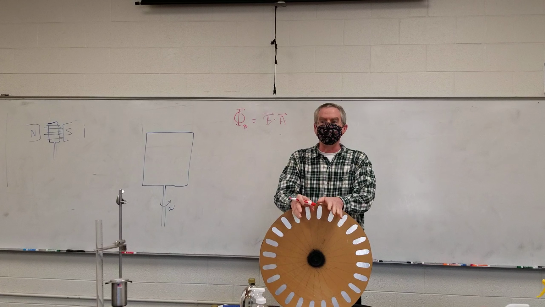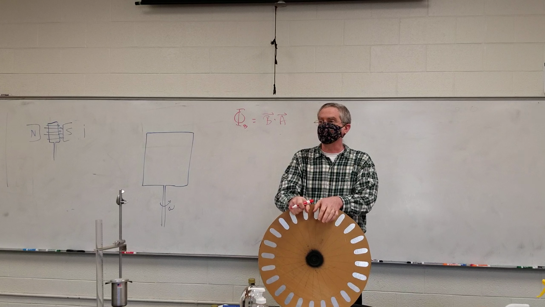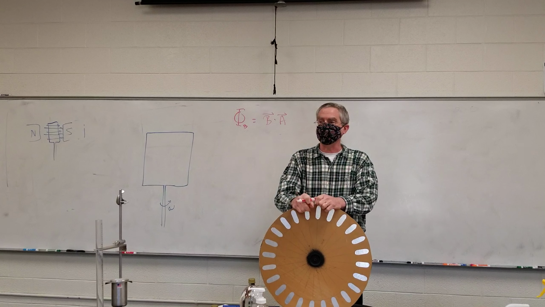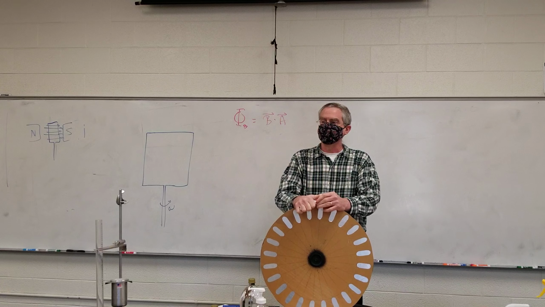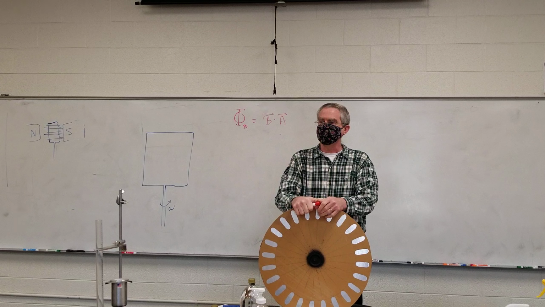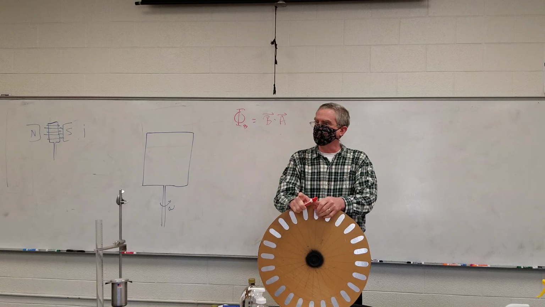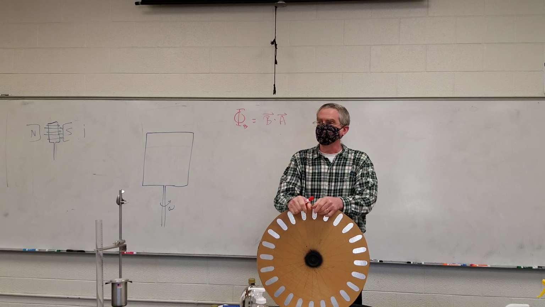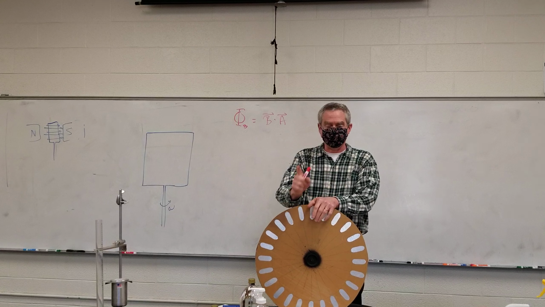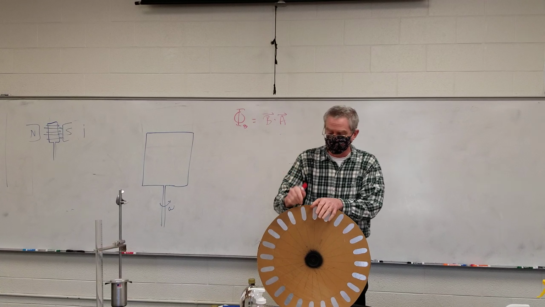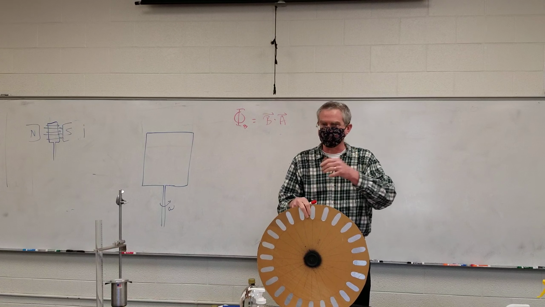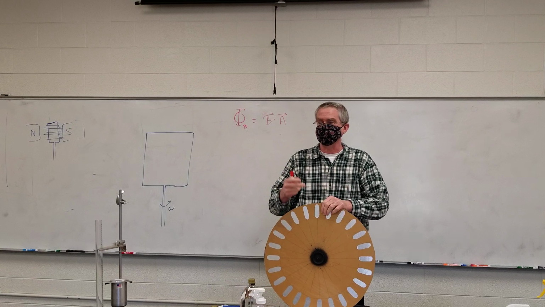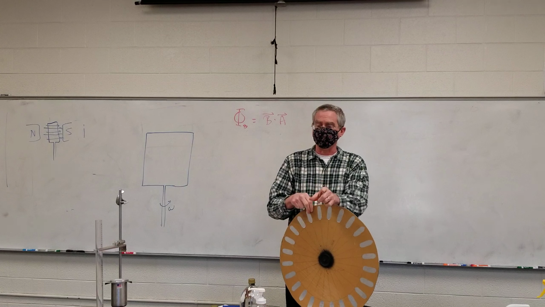Not for area vector. Area vector is simpler than that. Is it just perpendicular to the surface? Keep going. It's this way or this way? It's one of those ways. It doesn't matter. It's one of those. That was not me trying to lead you into one or the other. You pick one and you live with it.